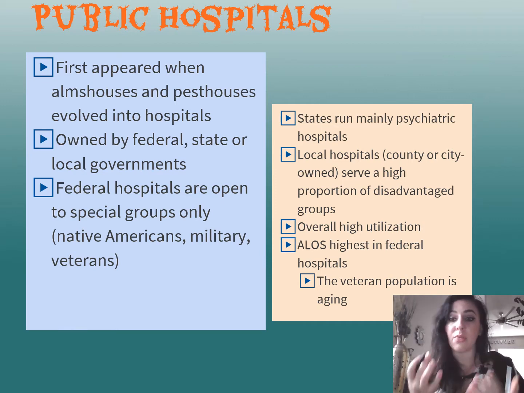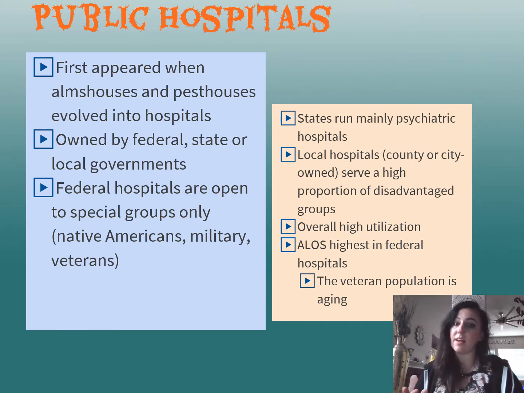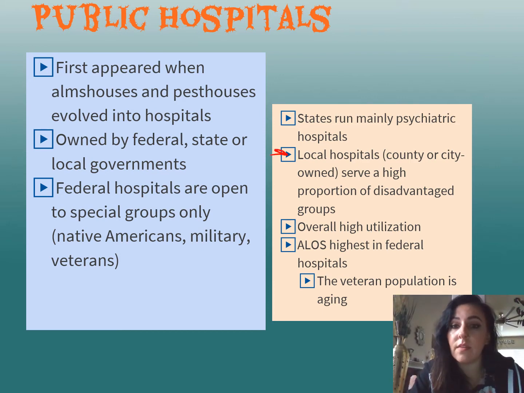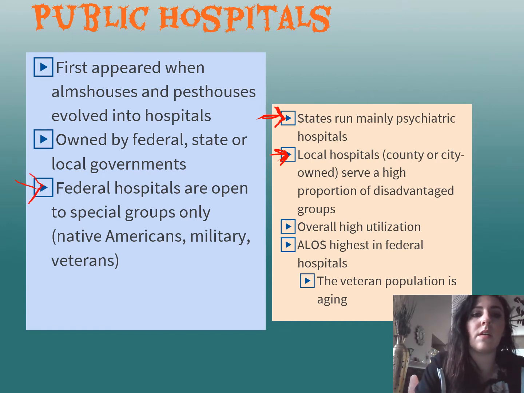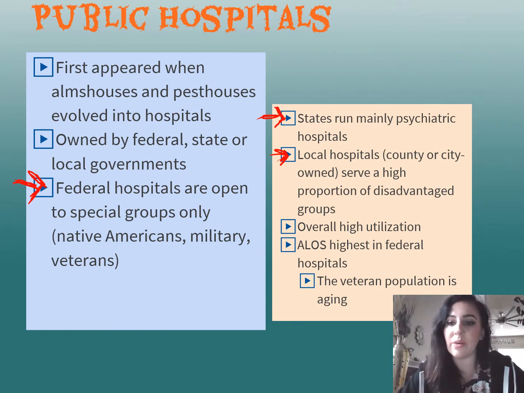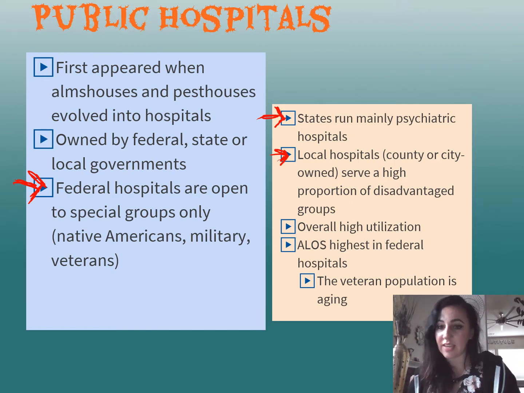So it can be owned at 3 different levels if it's a public hospital. It can be owned at the local level, it can be owned at the state level, and also the federal level. If it's owned at the local level, it's going to be owned by the county, the city, or the town, and usually locally owned hospitals like that are going to serve the more disadvantaged.